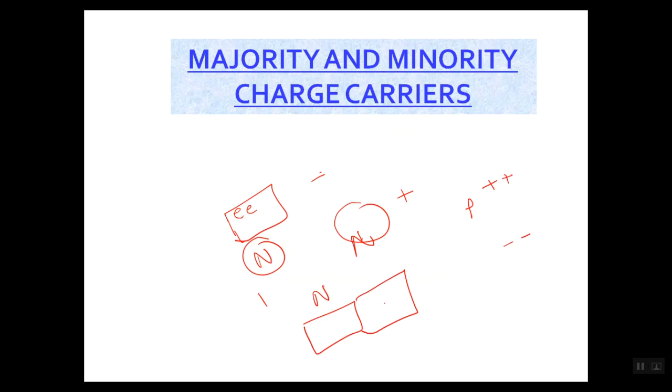So when we join these two, N type of semiconductor and P type of semiconductor, it makes one component in electronics that is called diode. And this diode, how it behaves and what is its purpose, we will discuss in part 3.